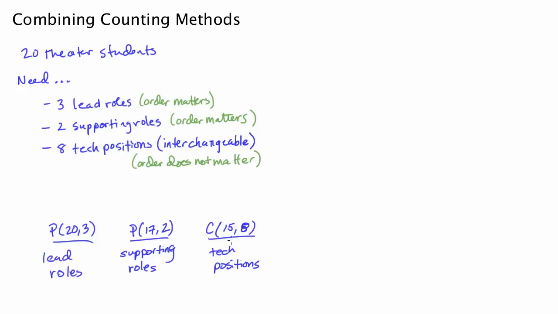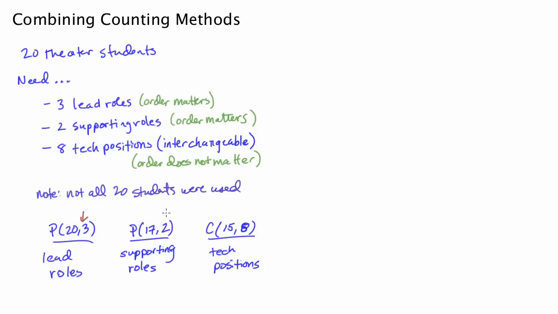Now, one of the things I want you to notice here is that not all 20 students were used. You can see that very clearly by adding up the second number in each of the pieces.